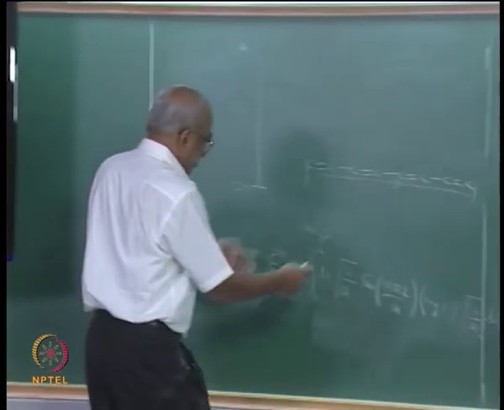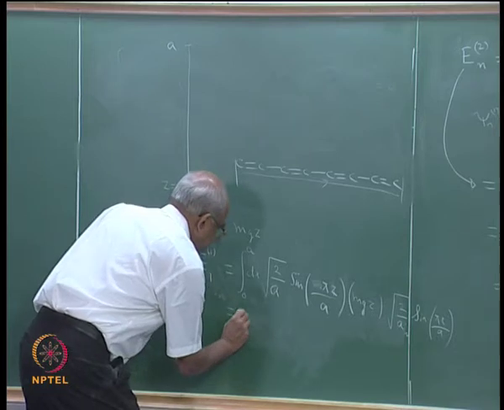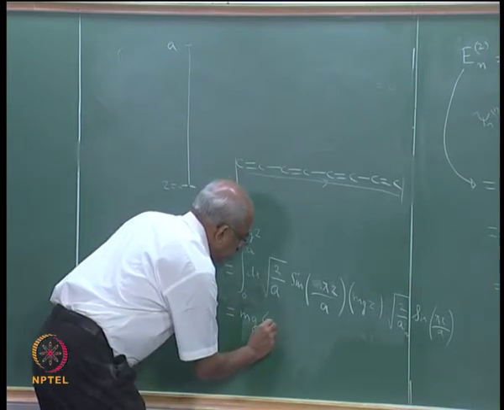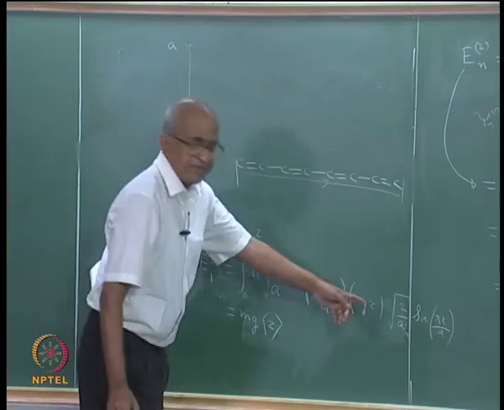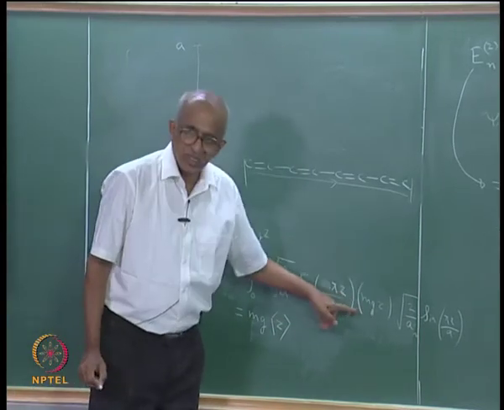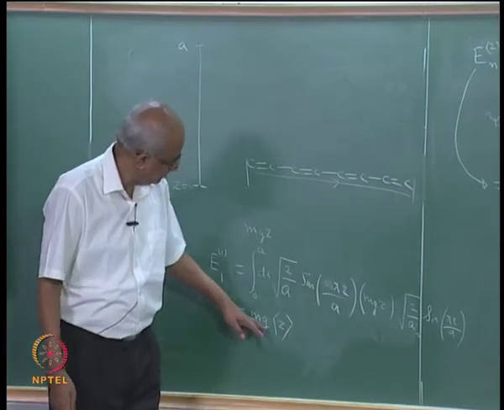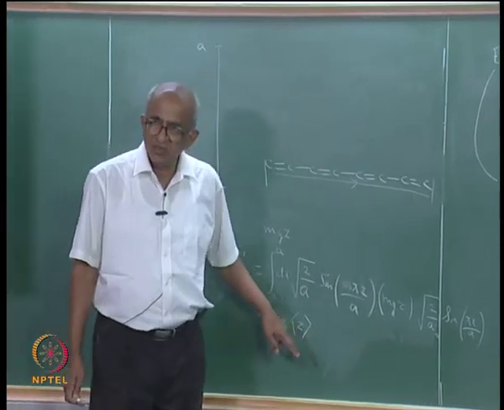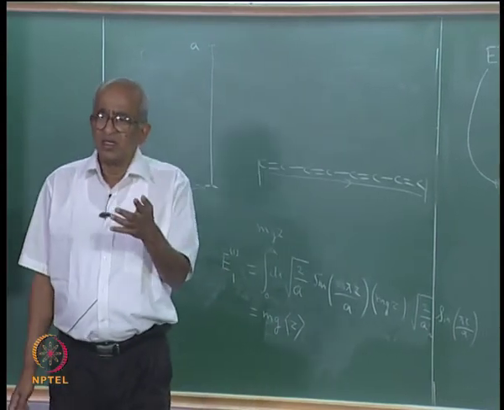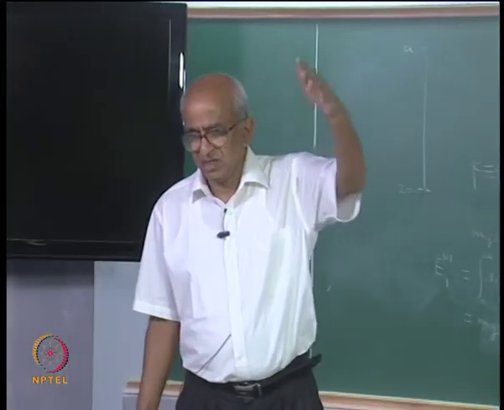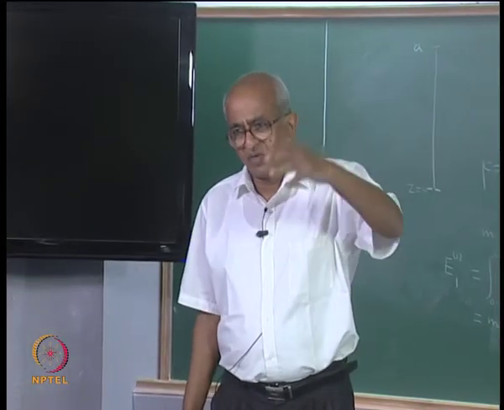Actually we do not have to calculate this because we can guess what the integral is going to be. It is nothing but mg into the expectation value of z, right. g is the acceleration due to gravity, m is the mass of the electron. You take that out, what is left is the expectation value of z. We have actually argued about this kind of expectation values. I hope you remember what we did.